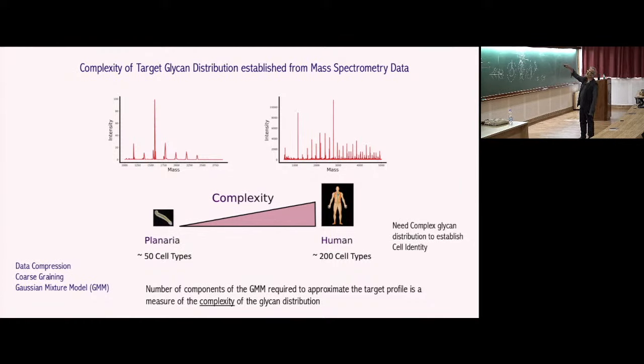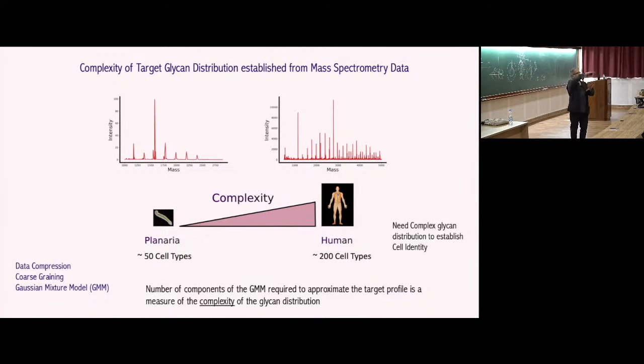humans. This is the human neutrophil data, and you see many more peaks. If I draw some kind of coarse-grained curve, I'll get lots of peaks and troughs. Humans have around 200 cell types, many more than that. Therefore, if glycans were markers of cell type identity, I should be able to distinguish the glycan profiles of these 200 different cell types.